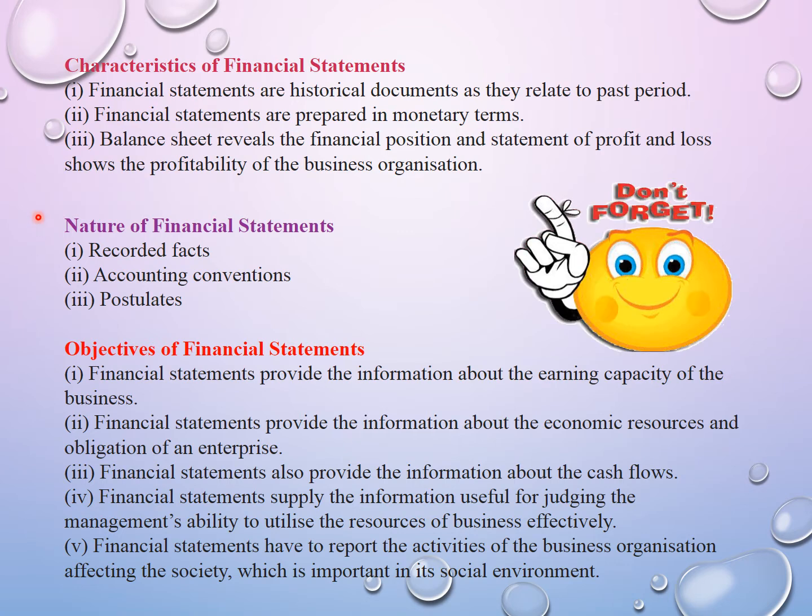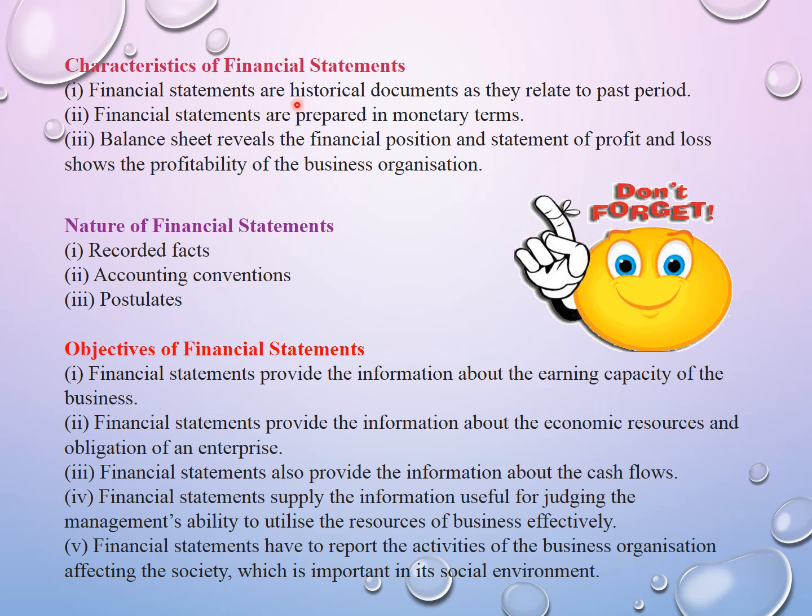Number one, financial statements are a historical document. Means in financial statements we record only those informations which had already happened, जो past में हो चुकी हैं. All the transactions are recorded in financial statements.